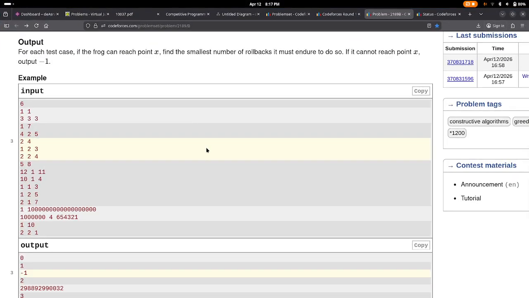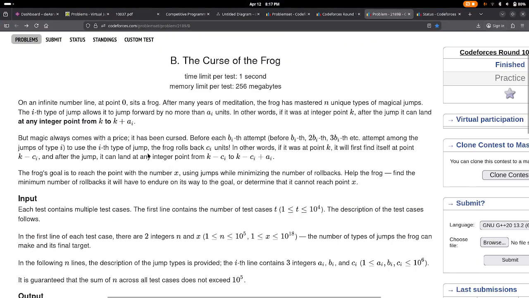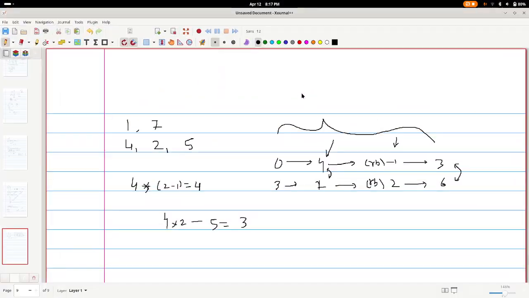One more crucial piece of information is that we can jump to any integer from k to k plus i. That is pretty important, because if it were not the case, then the problem would have been much more complicated.